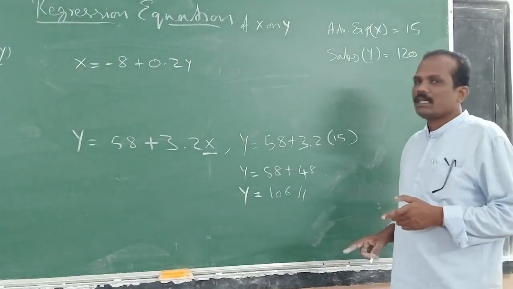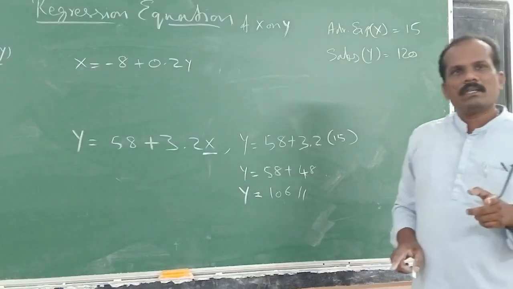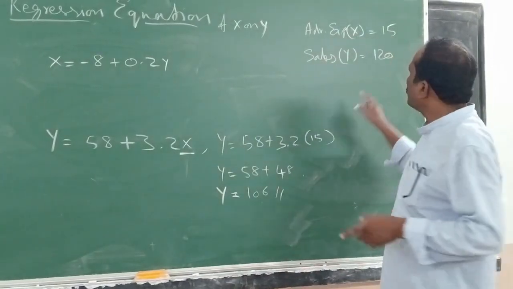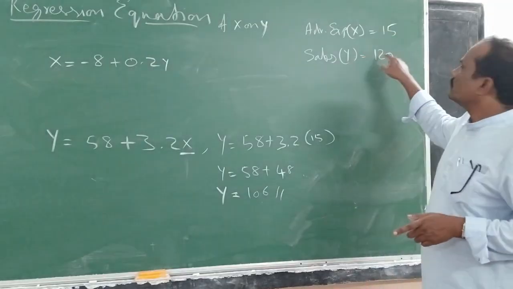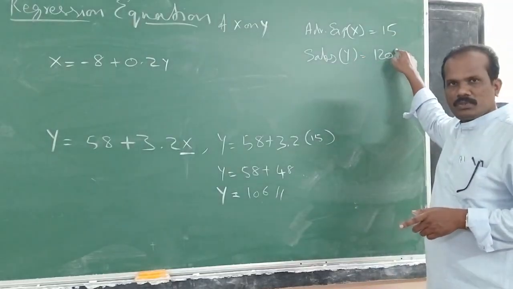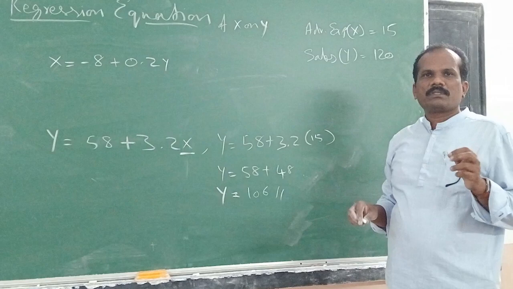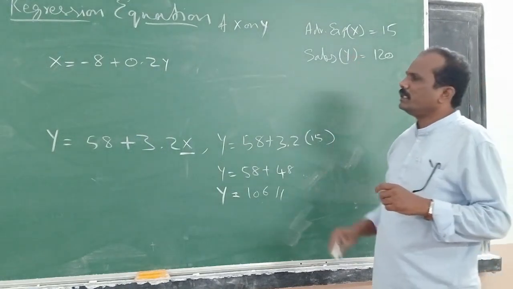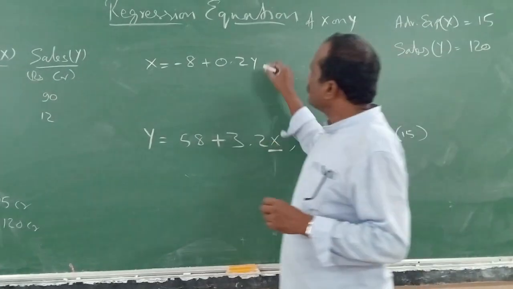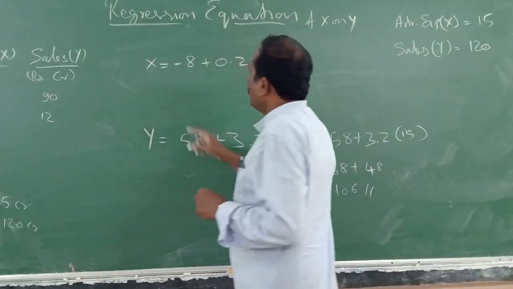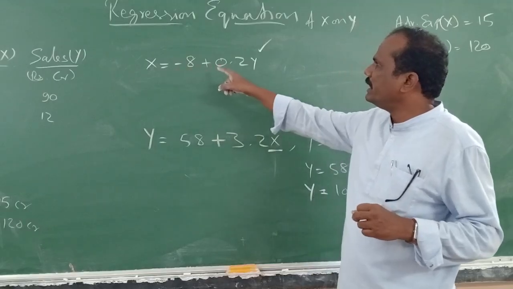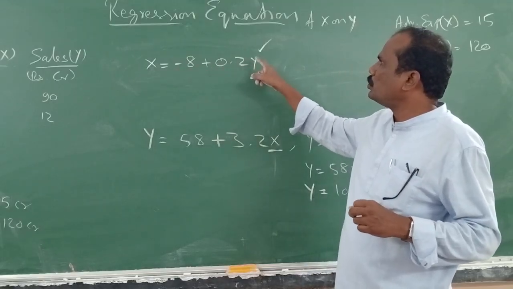And the third question they have asked is what will be the sales target. The sales target they have given is 120 crores. The sales target comes under the variable y. Here you take the equation x is equal to minus 8 plus 0.2 y.